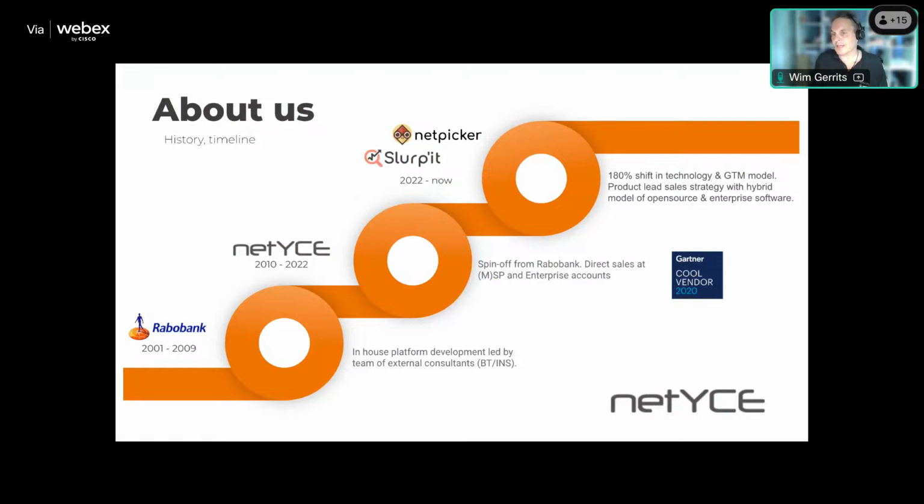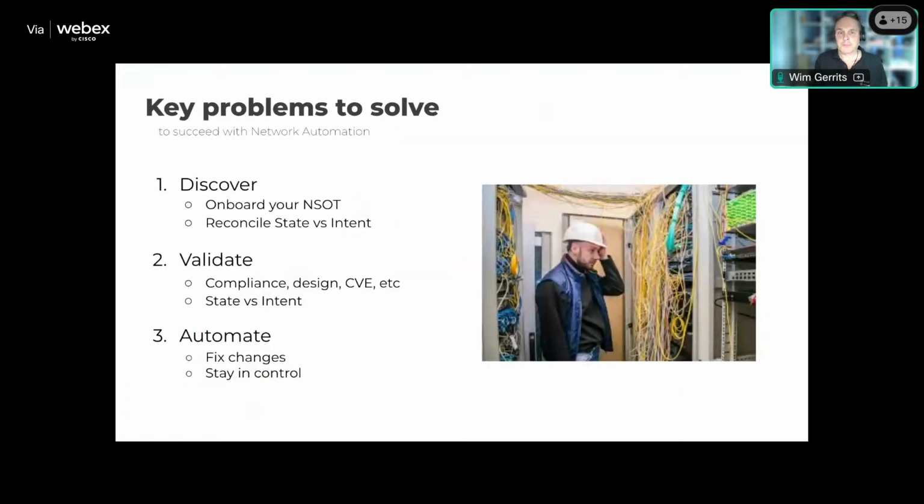But we came to a dead end in terms of the technologies used and everything underneath. So we started with a modern architecture, and that's where Slurp'it and Netpicker came from. The whole go-to-market changed with that, because we went with open source where possible, modernized and Dockerized, using Git and all that, which you're going to see today.